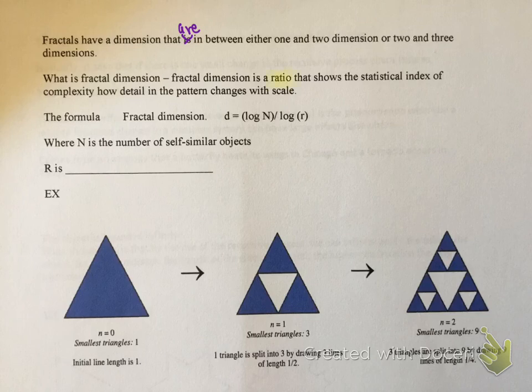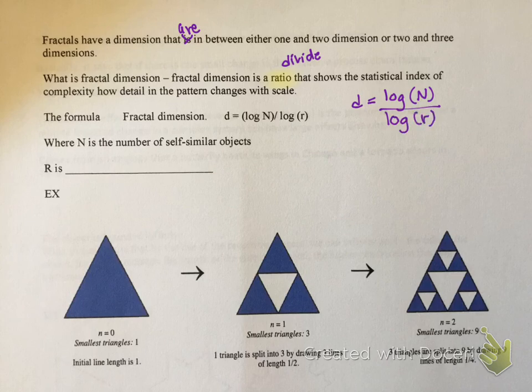Ratio means we're going to take 2 objects and divide them. That's what makes up a ratio, one object divided by another. So the formula is D equals log of N over log of r.